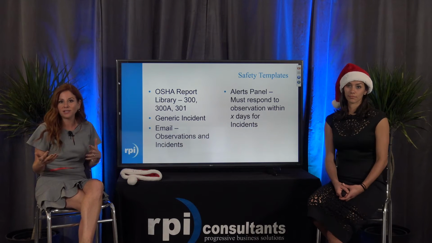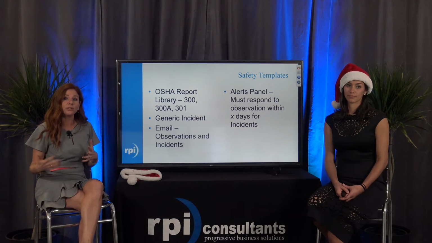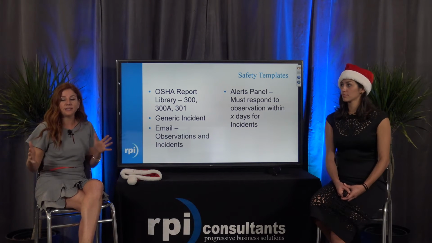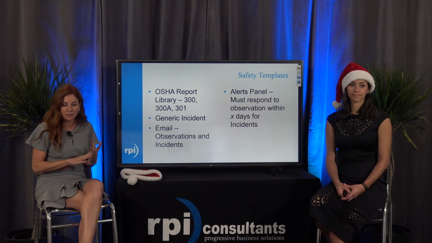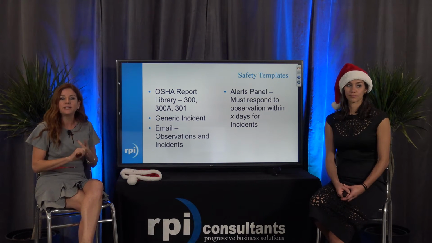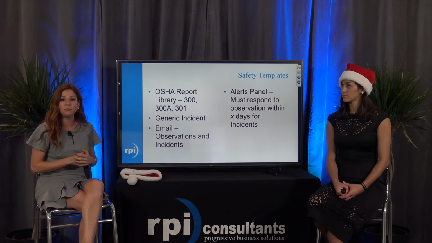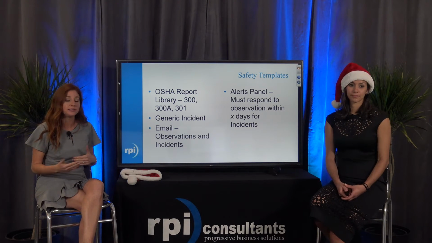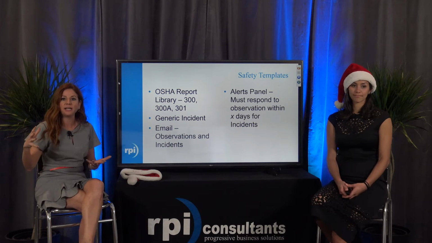And hopefully you don't have a lot of fire incidents. But if you have the same sort of incidents occurring over and over, you can create the template with most of the information filled out, with just the date it happened, the employee it happened to, and the details left open, to save some time and also to help out managers or employees who submit their own incidents. They can select from a template of what occurred to them, and it has the correct information on there.